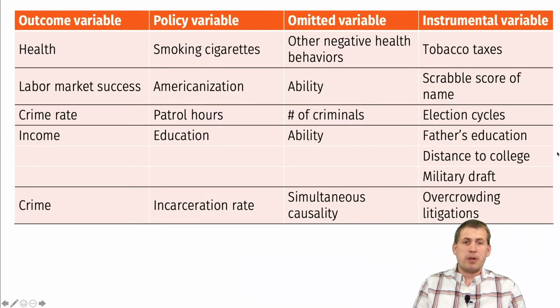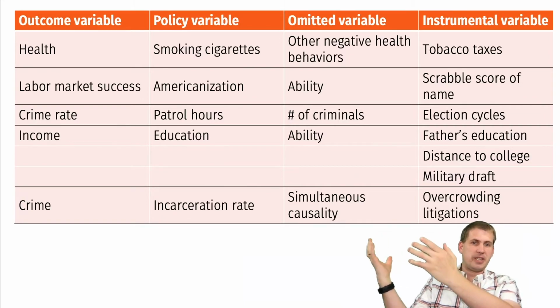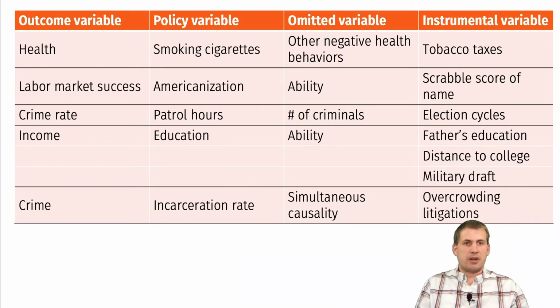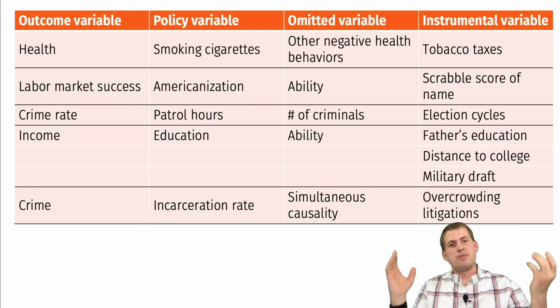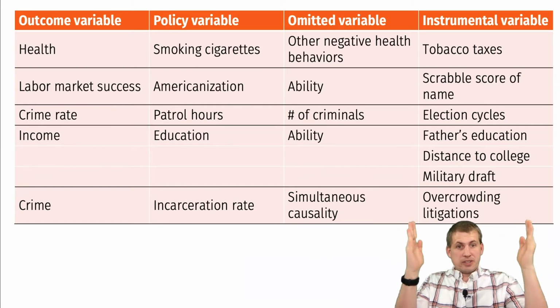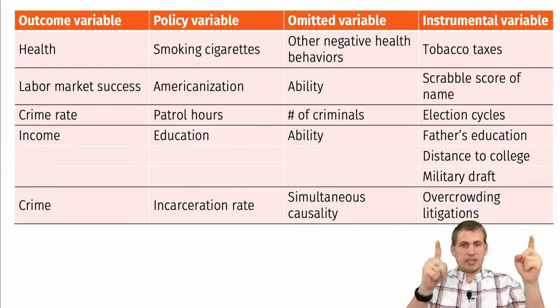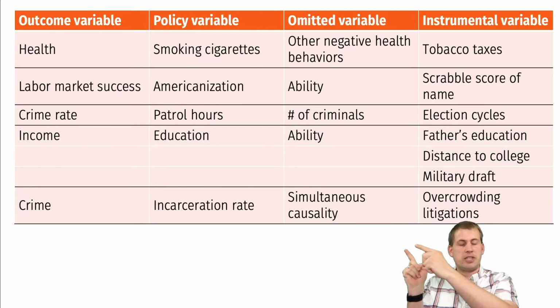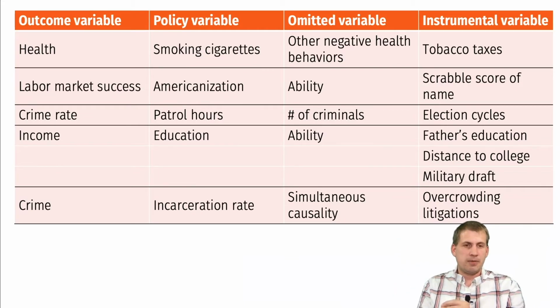More with crime. If you're trying to measure the crime rate, again, based on the incarceration rate, like counting how many people you have in jail, that's hard because both of those things are happening at the same time. You have this simultaneous causality. So one way to get around that is to use this instrumental variable here, which is counting how many lawsuits there are about overcrowding in prisons. And so the relevancy story is that overcrowding litigations cause the incarceration rate or influence the incarceration rate, which makes sense.